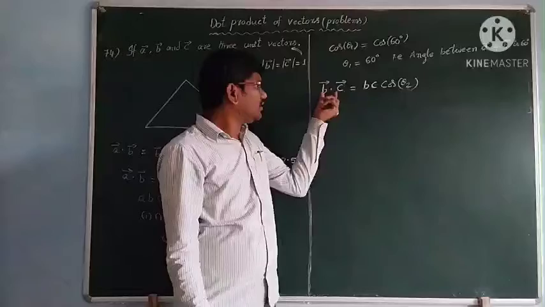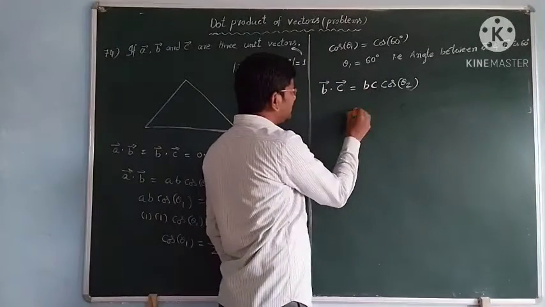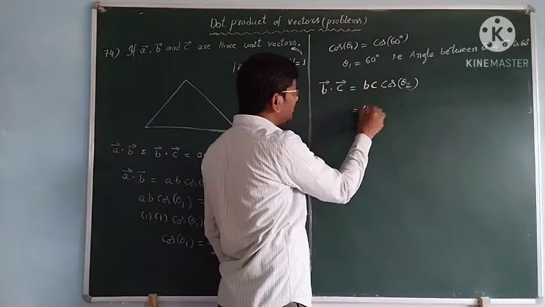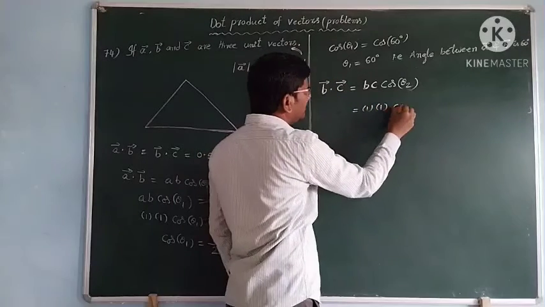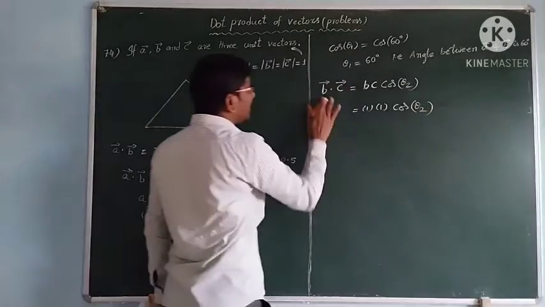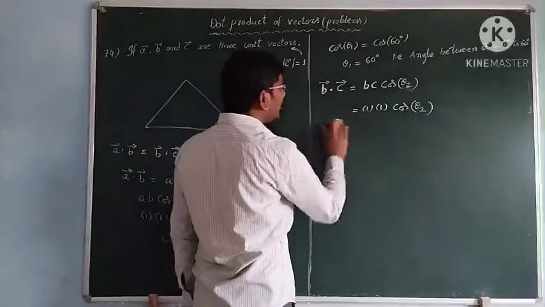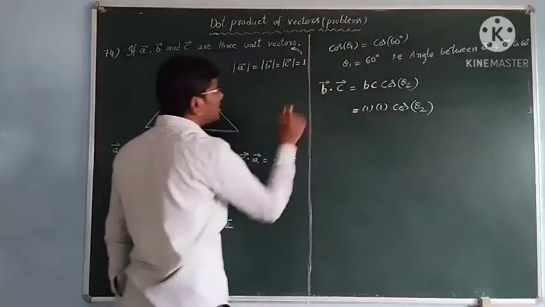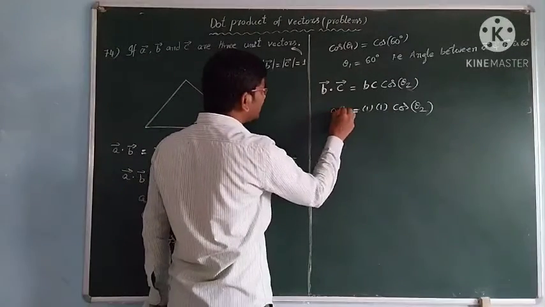Now the magnitude of the first vector b is 1, we know, c also 1, we know, and cosine of the angle between them I am writing as cos theta. And b bar dot c bar value is given to us as 0.5.